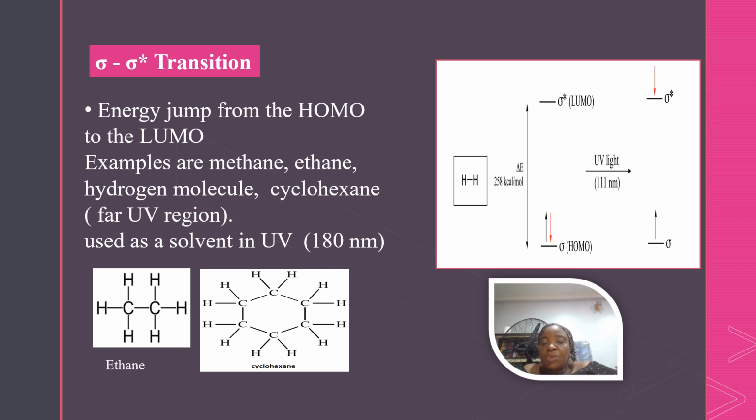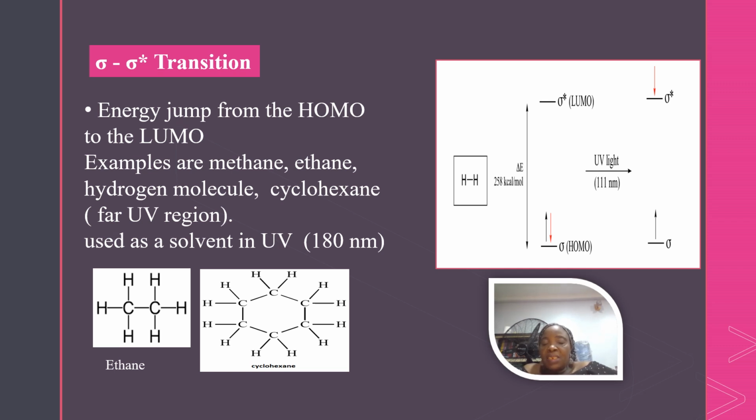Examples of compounds that show sigma to sigma star transitions are saturated hydrocarbons like methane, ethane, the hydrogen molecule, and cyclohexane. They occur in the far UV region and can be used as solvents in ultraviolet spectroscopy as they absorb around 180 nanometers and will not affect the radiation in the UV region of 200 to 800 nanometers.